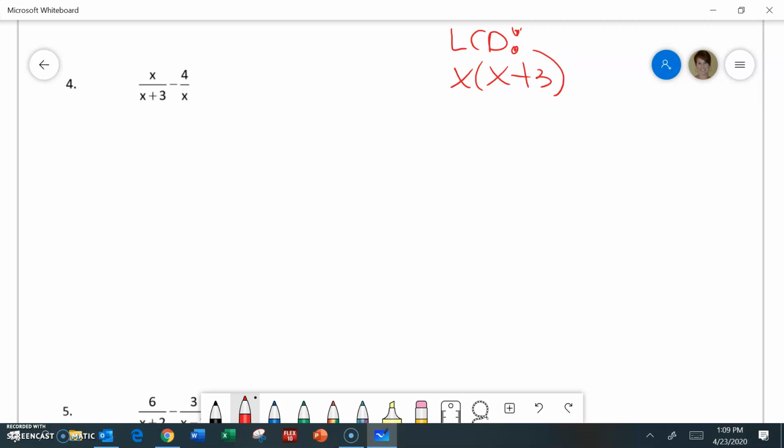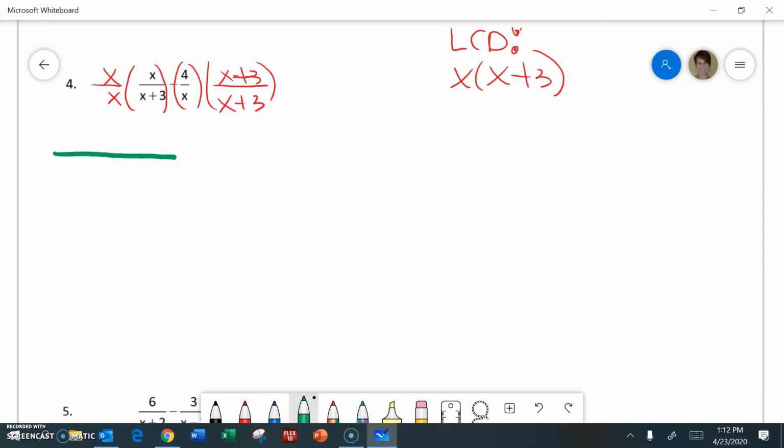So what's going to happen is this denominator needs the factor of x, which this one has, and this fraction needs a denominator of x plus 3, which is what the first fraction has. So let's go ahead and do the multiplication.